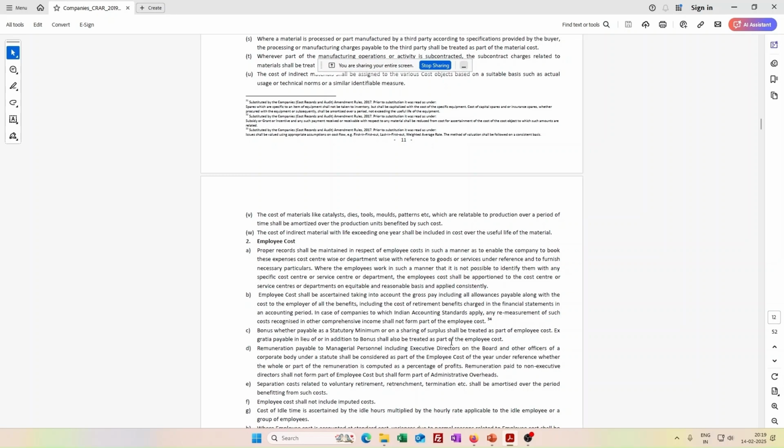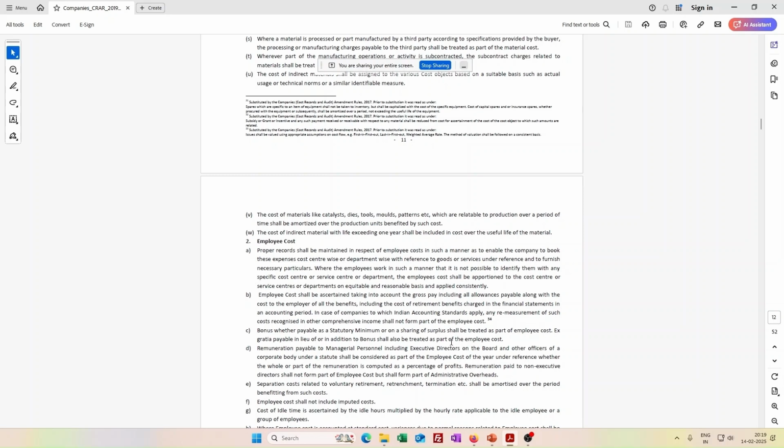But one thing must be kept in mind: before arriving at the employee cost, you have to consider not only salary but also cost to company. That means salary plus, if they are providing concessional rate of company quarter, that is also to be taken into consideration.